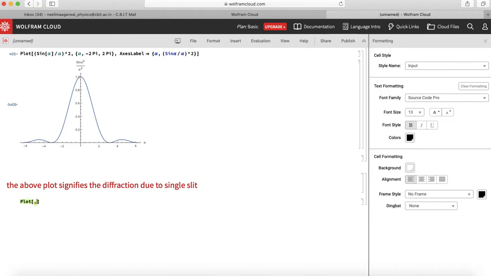Okay, to show you. So again we have to plot two functions, so I'll make a list. Sin alpha by alpha, whole square, and then comma, again I need the same function, so I will just copy paste.